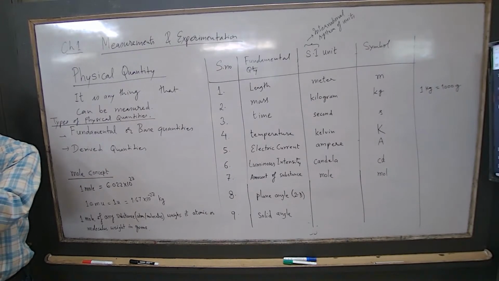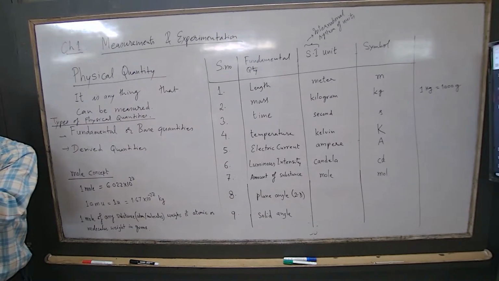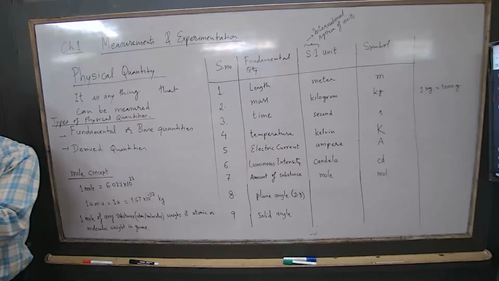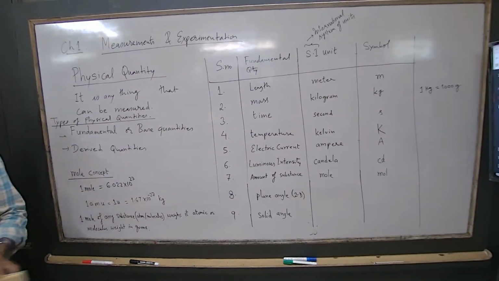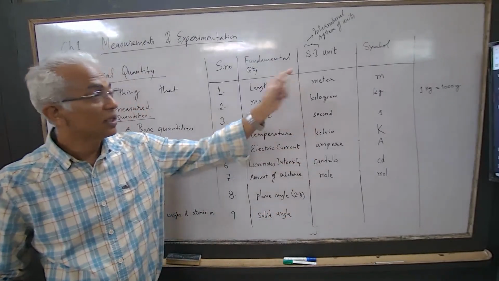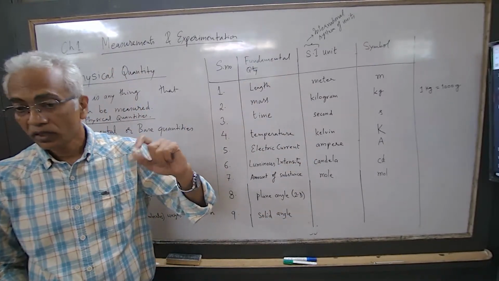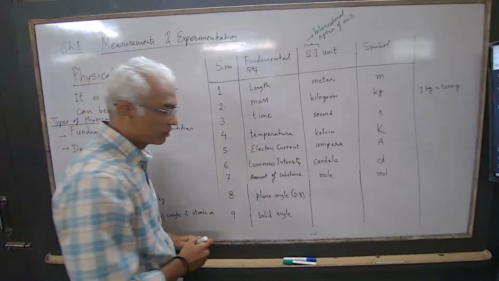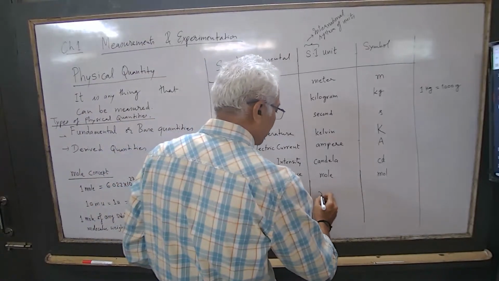How do you measure angle? Degrees, right? You are familiar. So this is 90 degree, 180, 270 and 360, the whole circle. But degree is not the SI unit of angle. The SI unit of angle is radian. What is it? Radian.